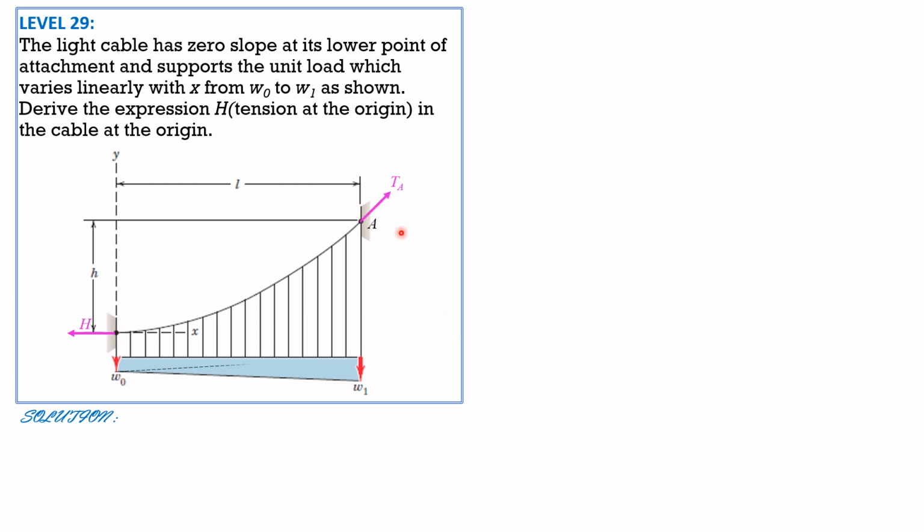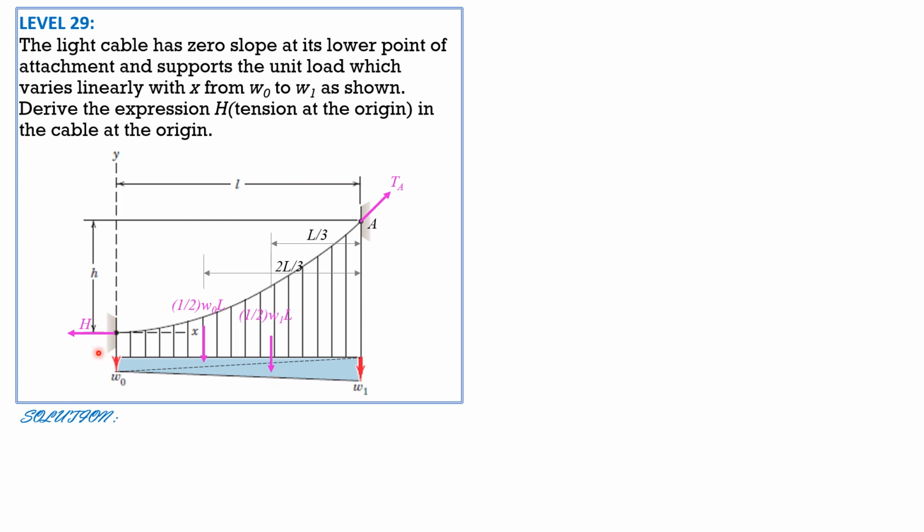This is the area of the triangle, which is 1/2 of L times W0, and its distance from A is 2/3 of L, as shown in the figure. For this triangular loading, the area is 1/2 L times W1, and its centroid location from A is 1/3 of L.